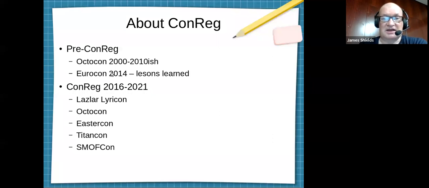But then the next thing I was involved with registration for was Eurocon in 2014 in Dublin, and I bit off more than I could chew with this one, I will say. So I came up with an ambitious system that managed members and tried to do a lot of clever things.